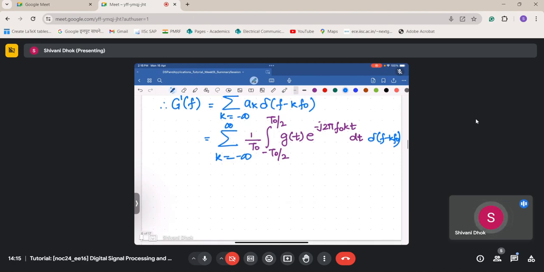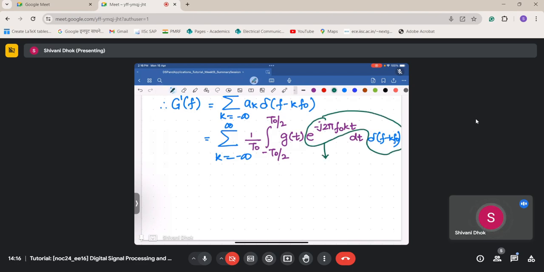Okay, now this integration here is a function of time only, and this is a function of frequency only. Now just focus on this part.